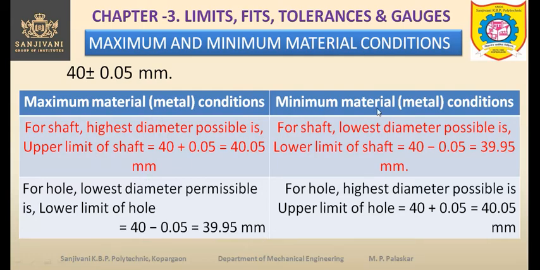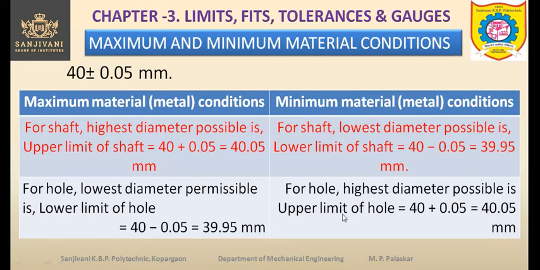Now as per the minimum material condition, the shaft will have the lowest diameter possible, and that is nothing but 40 minus 0.05, that is 39.95 mm. So this is the size of the shaft for minimum material. And for the hole, for minimum material, the diameter should be highest.